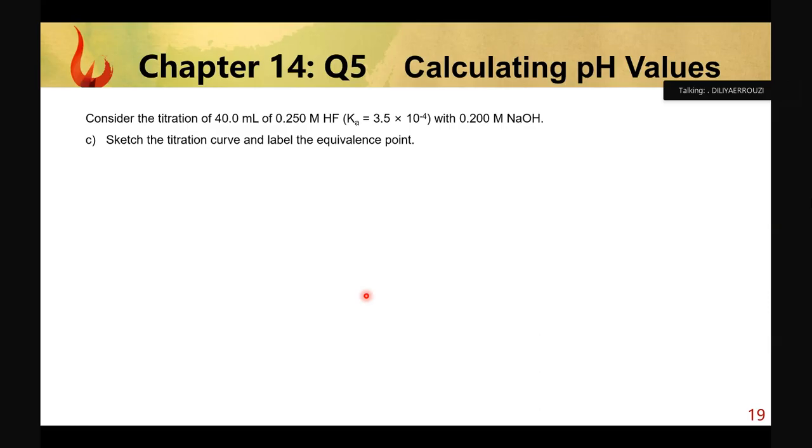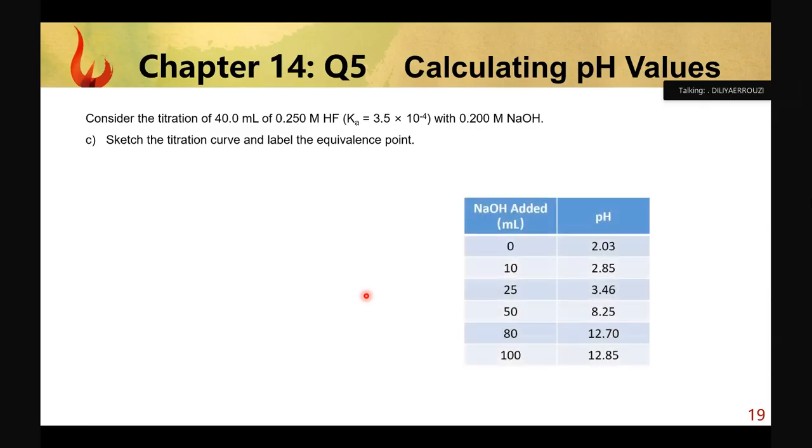So the third question is to sketch the titration curve and label the equivalence point. It is fairly easy because we calculated all the points: the sodium hydroxide added is 0, 10, 25, 50, 80, 100, and then all the pH values.